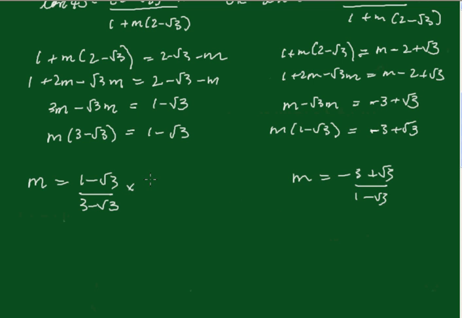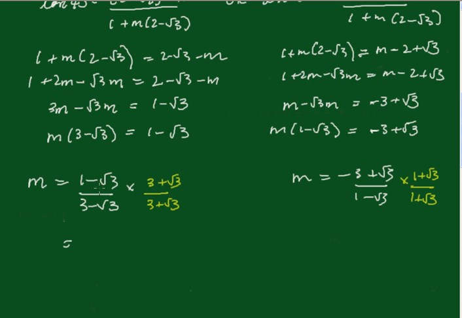Okay, now multiplying top and bottom by the conjugate. I'm going to do this in another colour. So it's going to be (3 plus root 3) over (3 plus root 3). Over here it'll be (1 plus root 3) over (1 plus root 3).